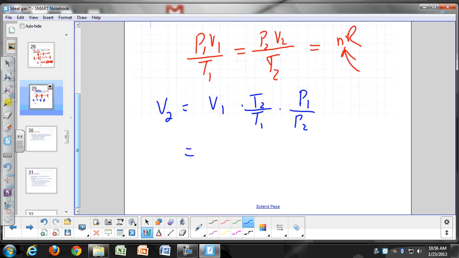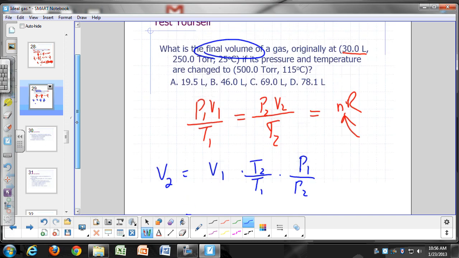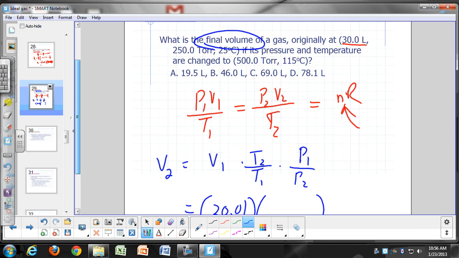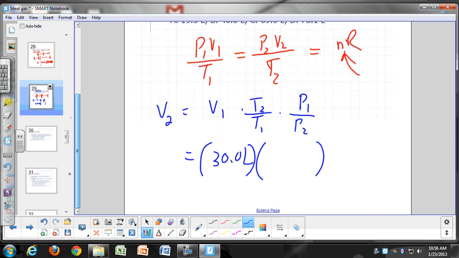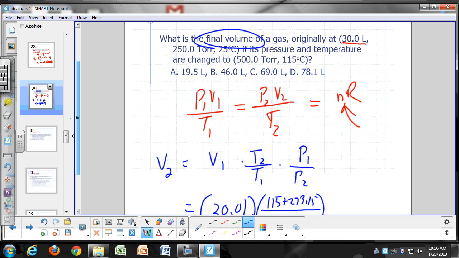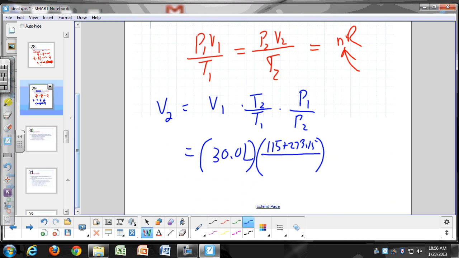So what's our initial volume? 30 liters. What's our temperature? Final is 115. So that's 115 plus 273.15 divided by initial temperature is 25.